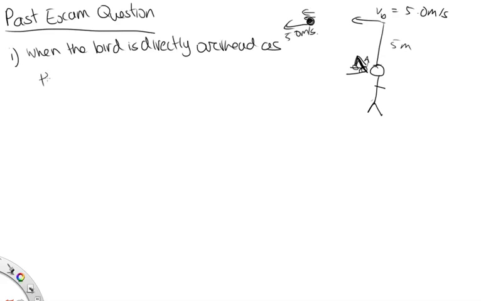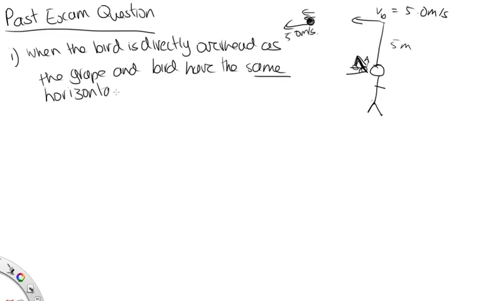The grape and bird have the same horizontal velocity and so cannot overtake each other.